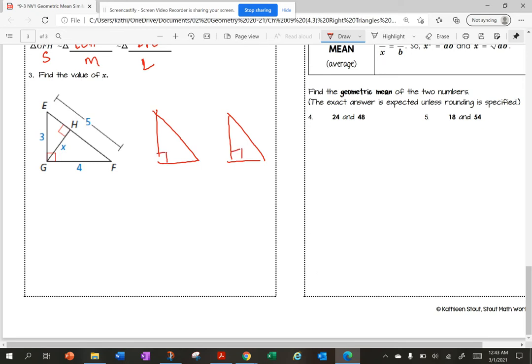So this is going to be H, G, E, and H, G, F. Okay, so here's my long leg. This is my short leg.